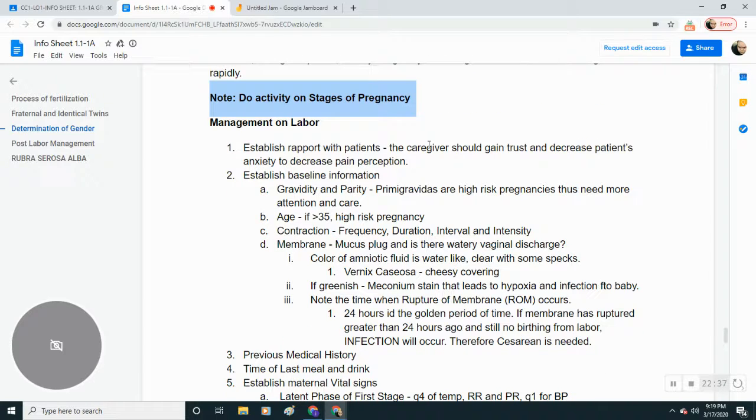Okay? So I'll stop this and submit your activities after. Okay? So after you submit your activity, continue our discussion with this one.